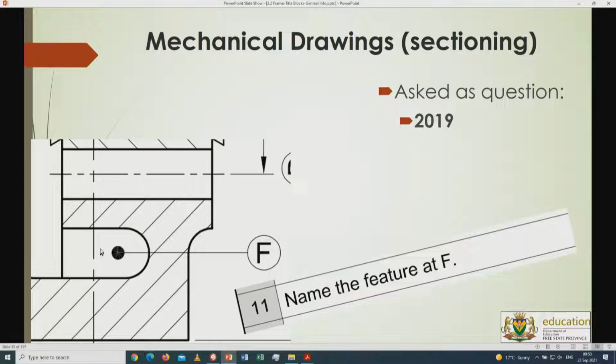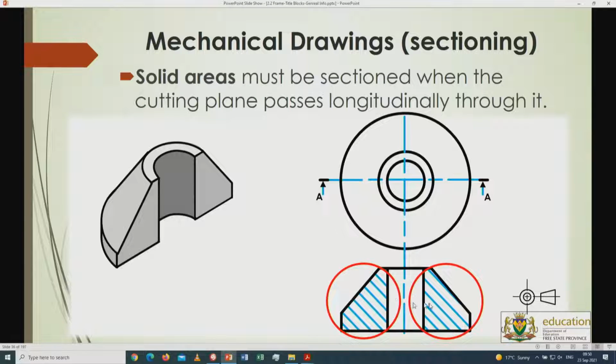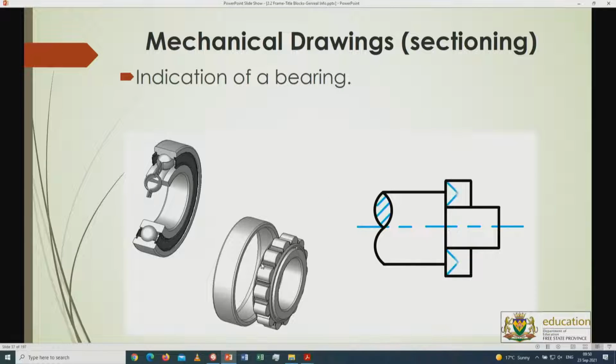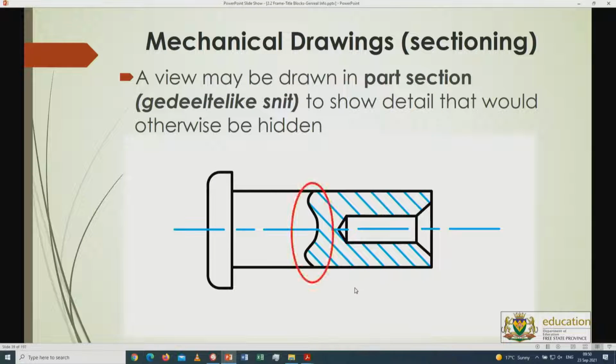No hatching over there, so that's what was pointed out by F. If it's a solid part like this one over here, then of course that will all be hatched, because that's not a reinforcement web or a rib placed inside there. This is for bearings, also applicable for this question, paper 2, question 1.